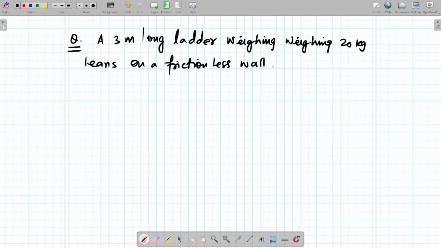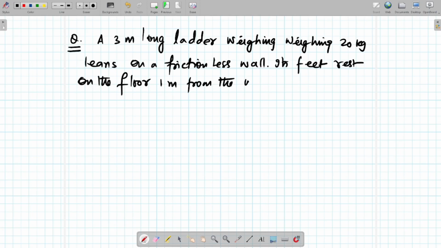Its feet rest on the floor 1 meter from the wall, as shown in the figure.